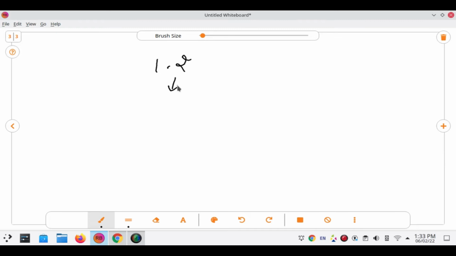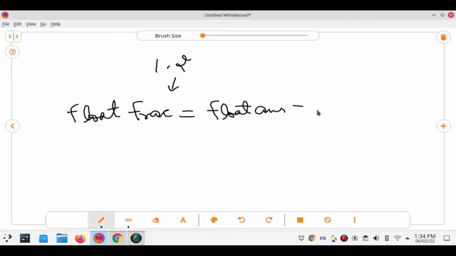We can have a float, let's say float answer, minus integer of answer.